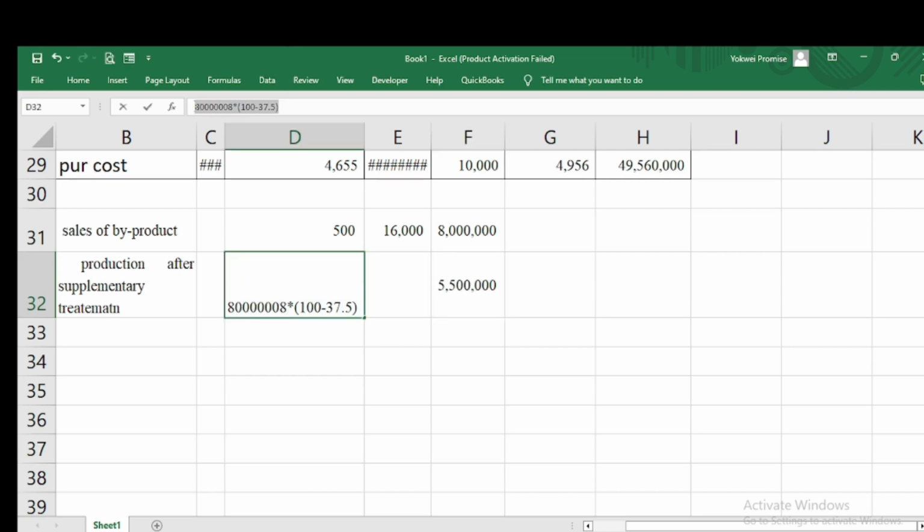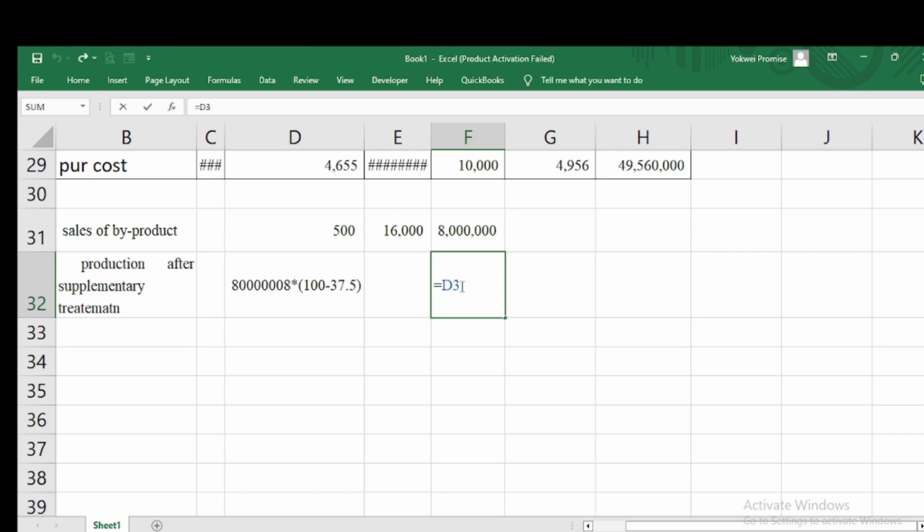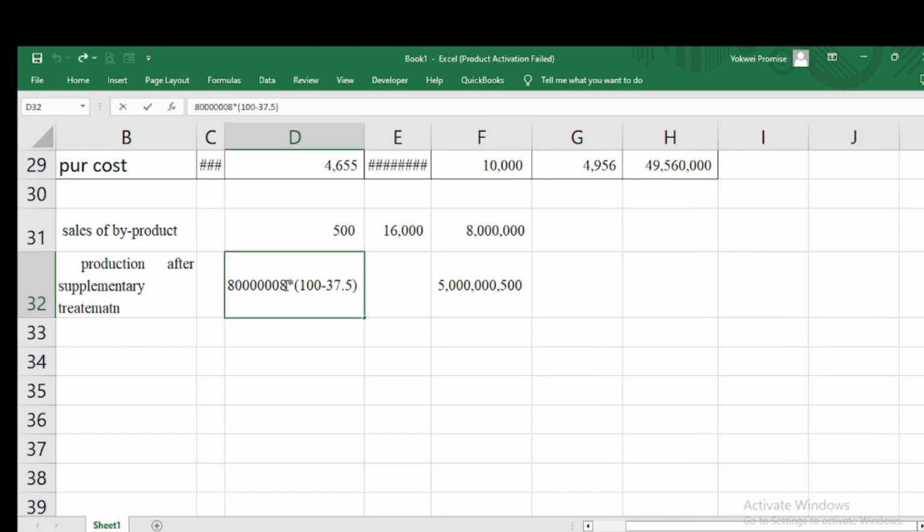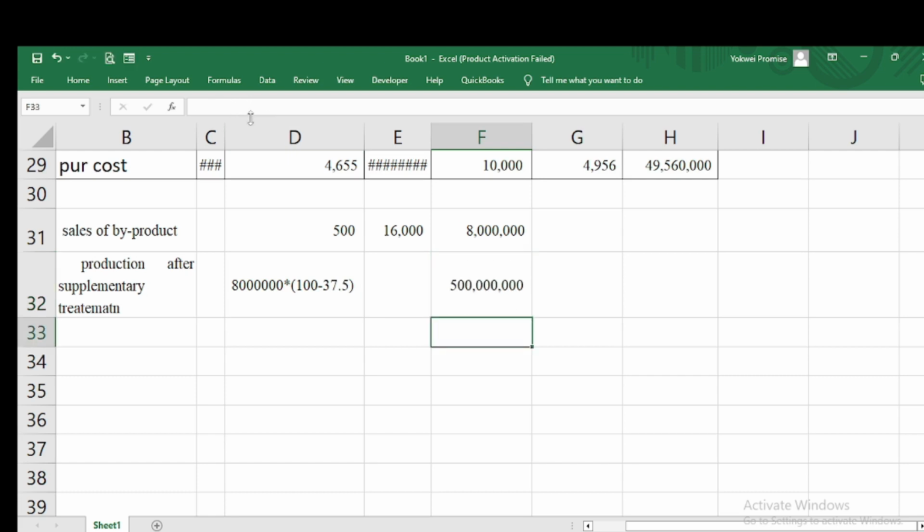So I have to copy this. Right. So this answer we have, 500, is not yet converted, so we have to divide by 100.